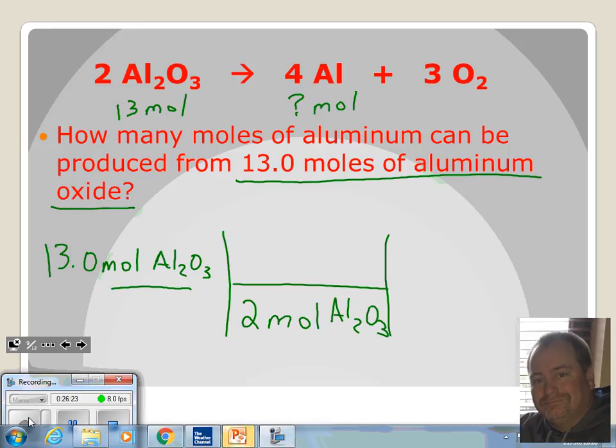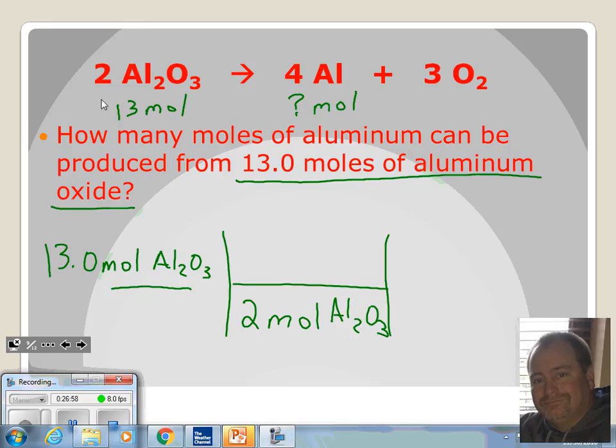So, how many moles of aluminum oxide? As I look at my balanced equation up here, isn't that 2 moles of aluminum oxide? Absolutely. What am I going to put on top of my conversion bracket? What am I trying to go to? Moles of aluminum.